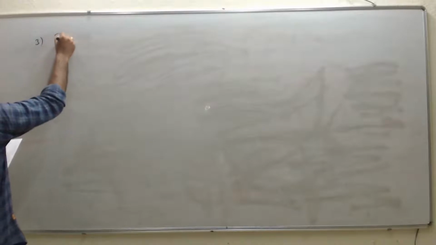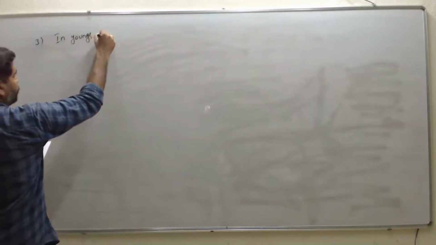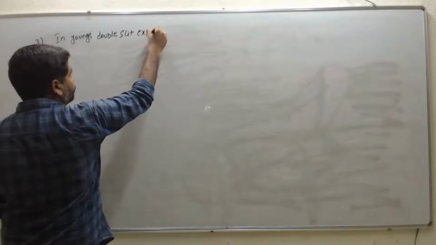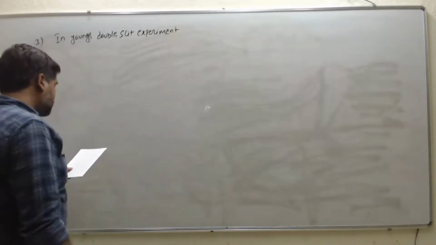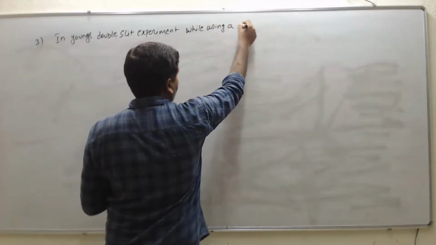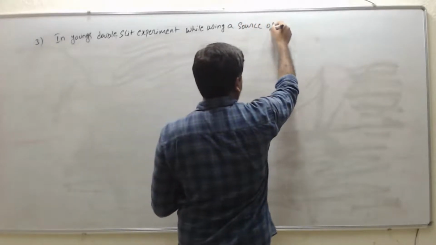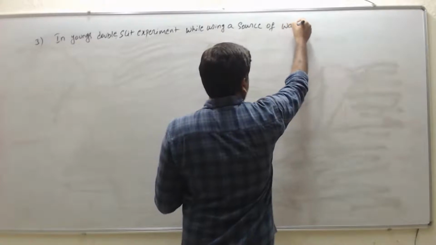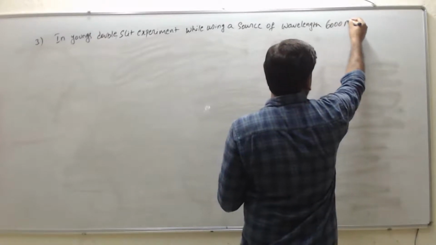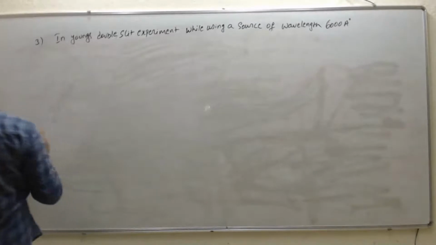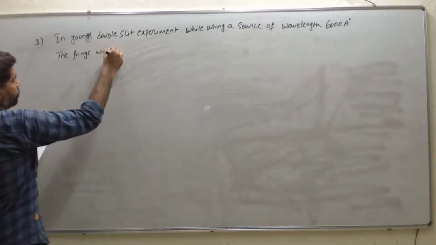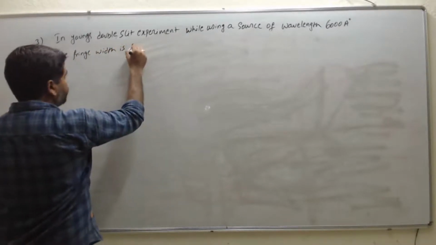In Young's double slit experiment, while using a source of wavelength 6000 angstrom, the fringe width is 5 nanometer.